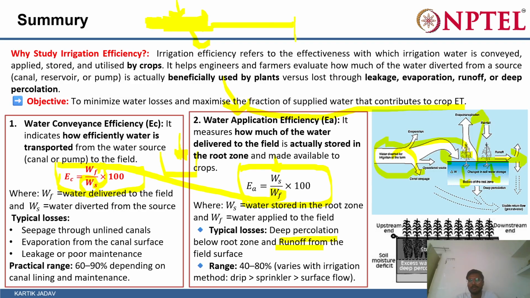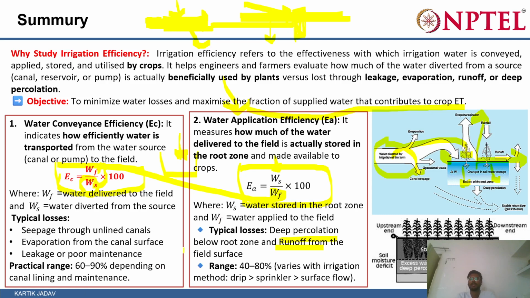Also, you are applying water near the crop root zone, not throughout the field like we do in furrow or basin irrigation. In that case, you have higher loss through evaporation as well as deep percolation, and also runoff.